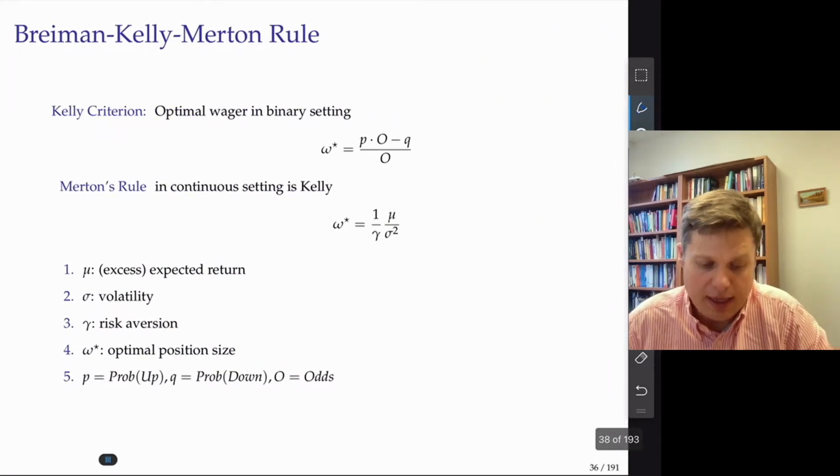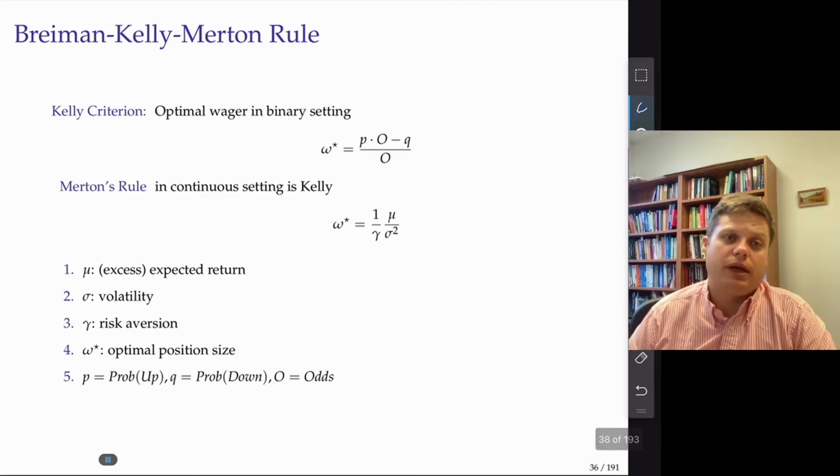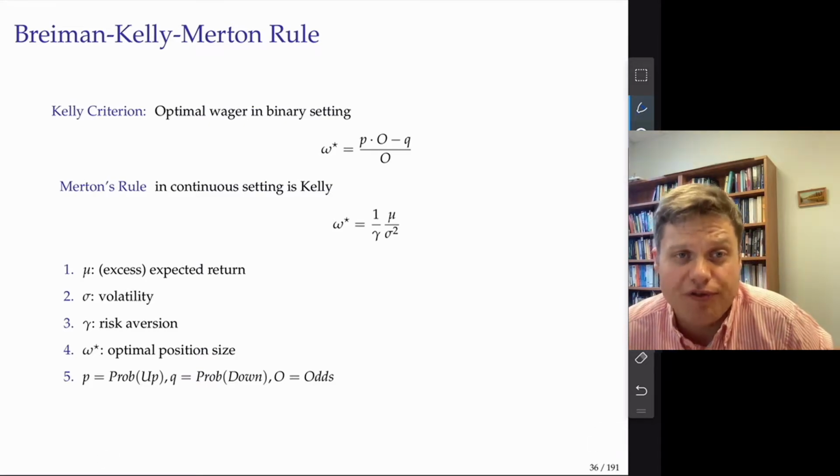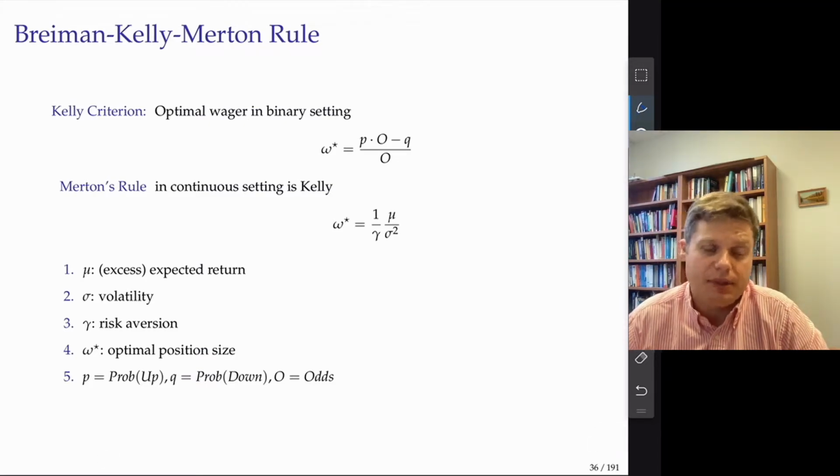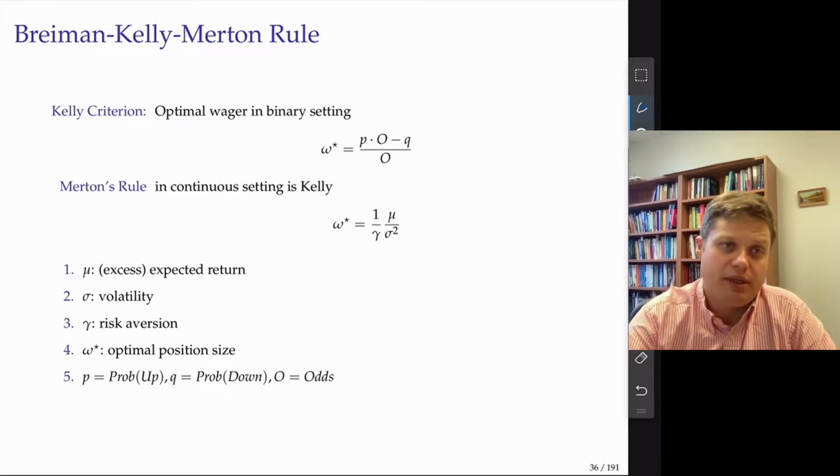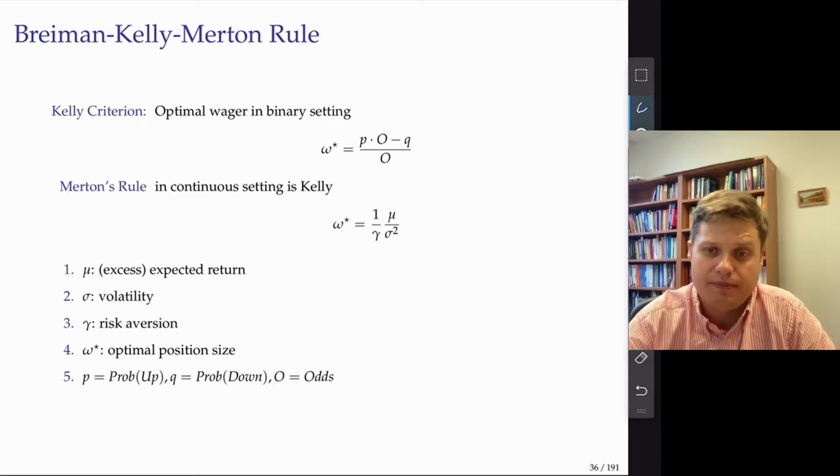Okay, the Breiman-Kelly-Merton rule. So the Kelly rule of allocation tells you how much you should be putting on the gamble. However, this rule does not account for the equilibrium conditions on the market.